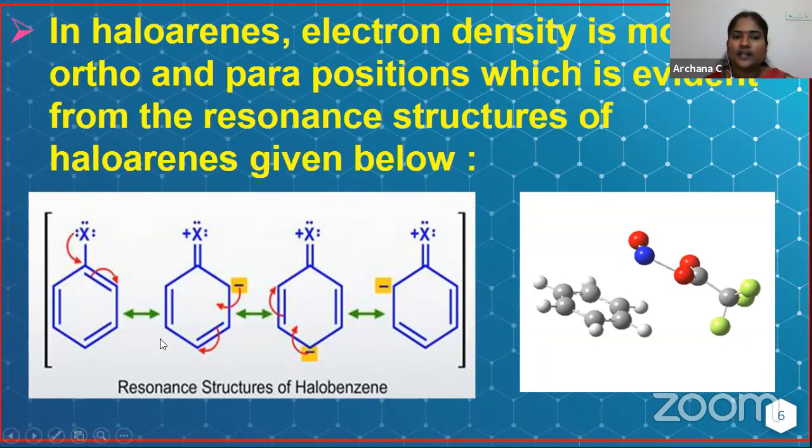Here there are 3 resonance structures of this haloarene. Here you observe that the negative charge is present at the ortho and para positions. So electron density is more at ortho and para positions. Wherever the electron density is more, there the electrophiles are going to attack. That is why we call them electrophilic substitution reactions.